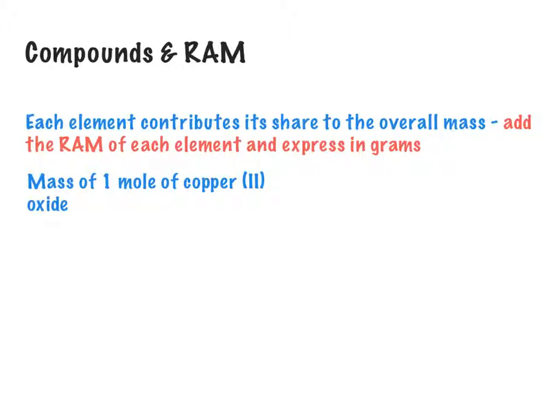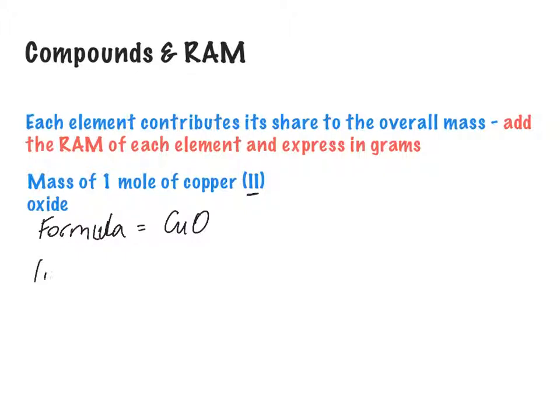Let's look at this first example, copper(II) oxide. We must put it down as a formula. Copper has a combining power, or valency, of 2, and oxygen has a valency of 2, so copper(II) oxide is CuO.